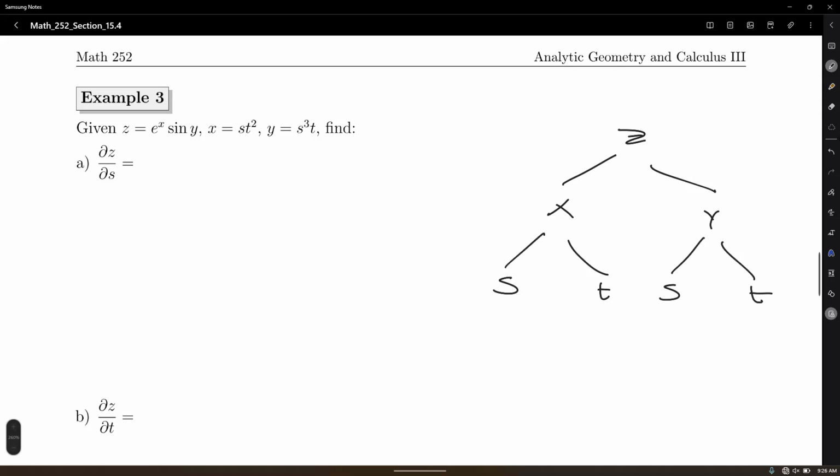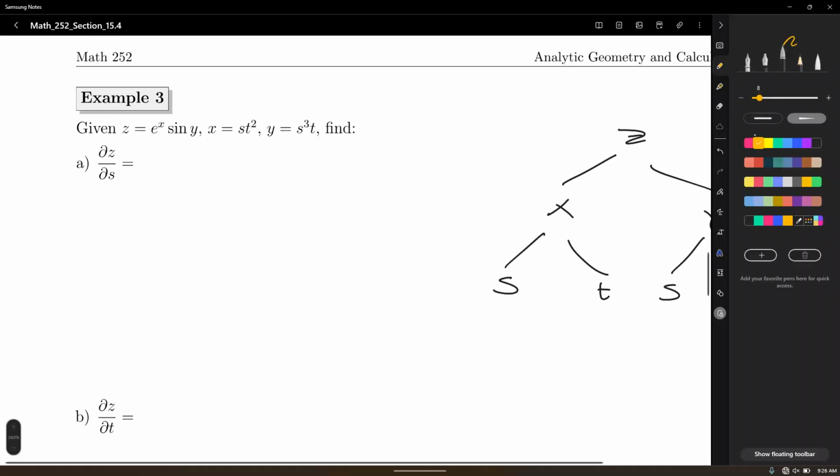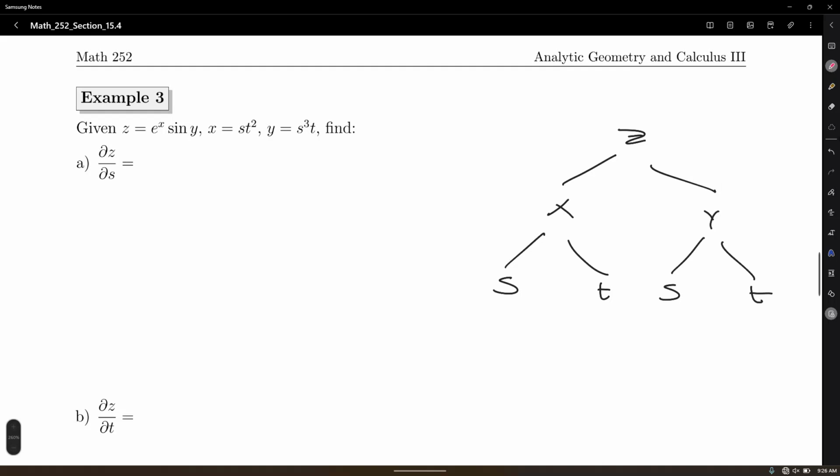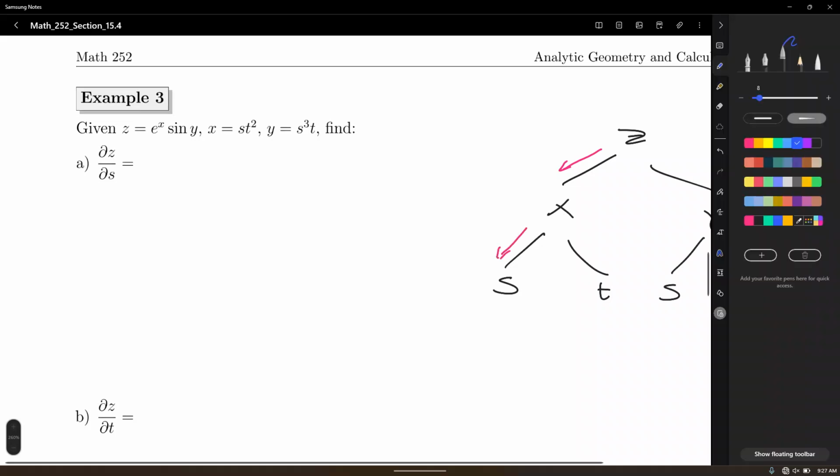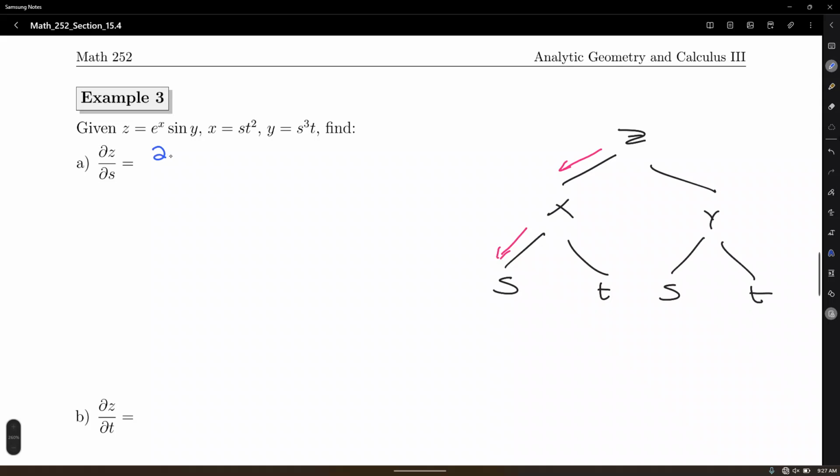However, looking at this crazy function, there's a couple of ways to go from z all the way to s. That is, there's two branches. So that means we need to go, let me use red for this, from z to x and then from x to s. In this case, they are all going to be partials.